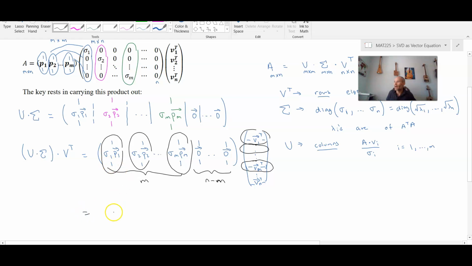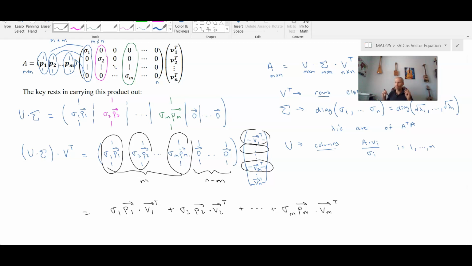So if I expand this out, I'll have sigma 1 P1 times V1 transpose plus sigma 2 P2 times V2 transpose, all the way up to sigma M PM times VM transpose. Now the reason I'm not going to write out the remaining terms is because they're going to be multiplied with the 0 vectors, and those are going to yield 0 matrices.